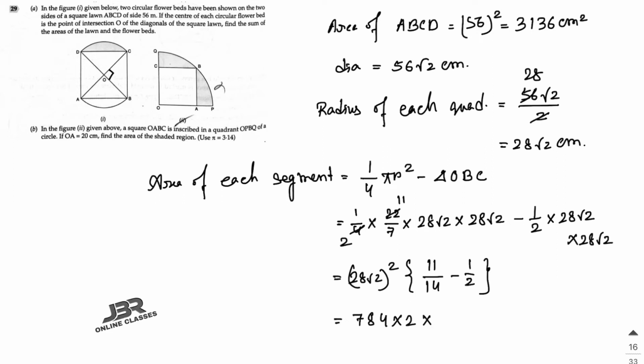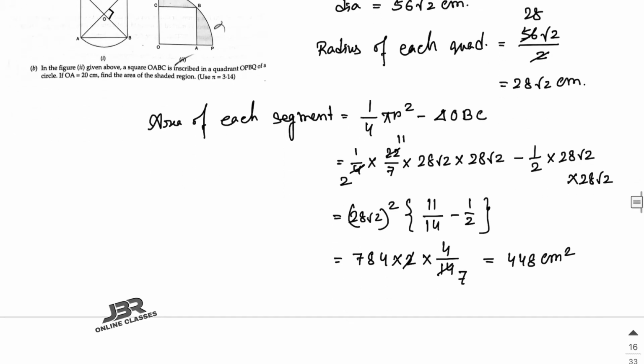After subtraction you get 4 by 14. Now 2 cancels out and it becomes 7, so the answer is 448 centimeter square.